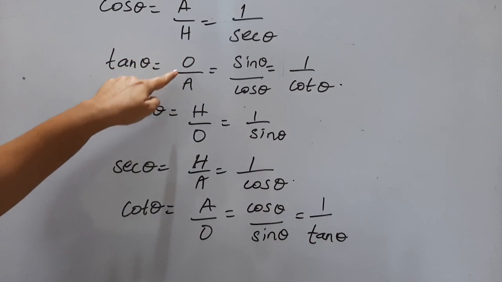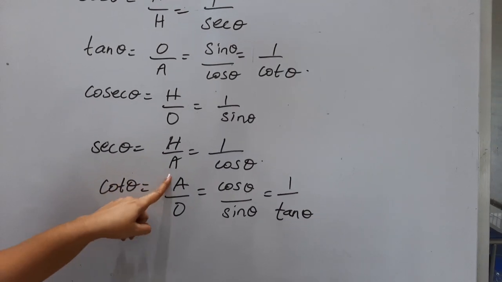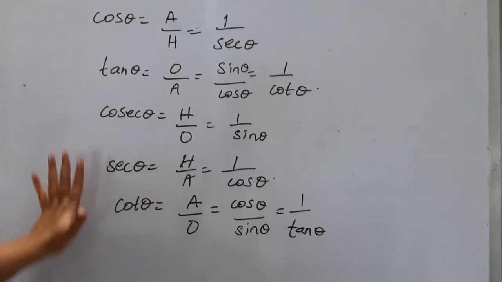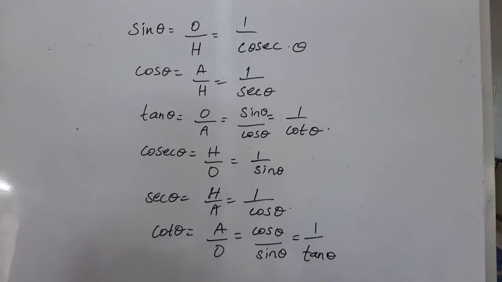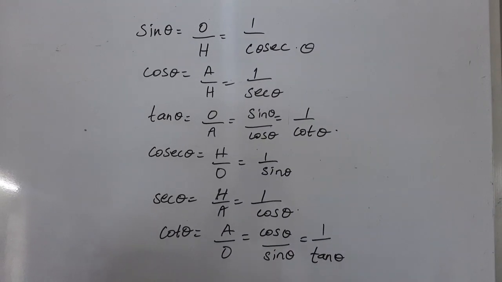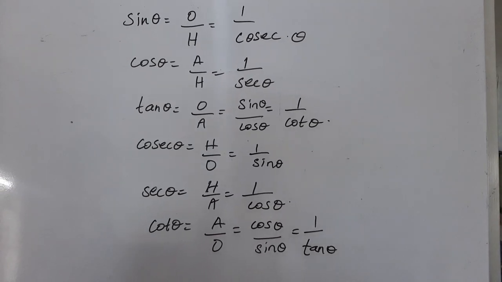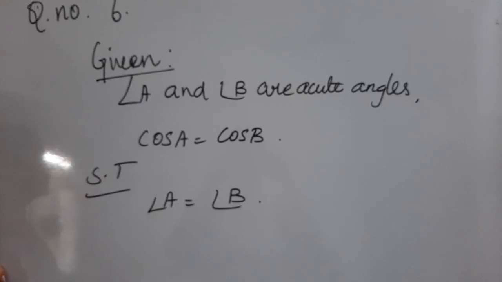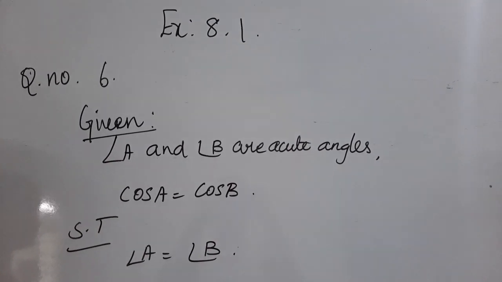Tan is opposite upon adjacent, cot is reciprocal of it, so cot is adjacent upon opposite. Make a note of these ratios, children. Here we learned 6 trigonometric ratios and 2 quotient ratios, and 3 trigonometric ratios are reciprocal of the other 3 trigonometric ratios. Now let's start with question number 6 from exercise 8.1.